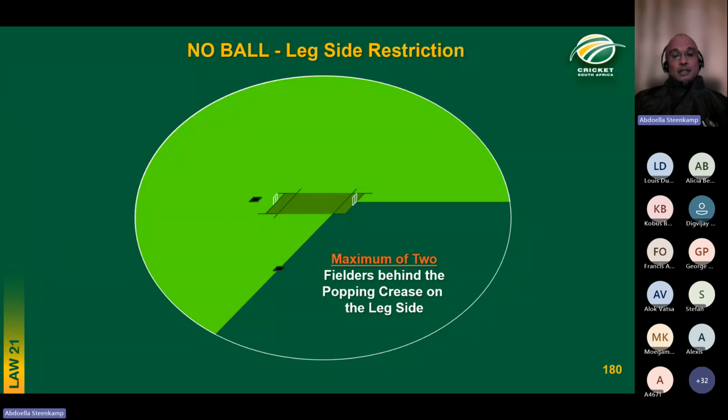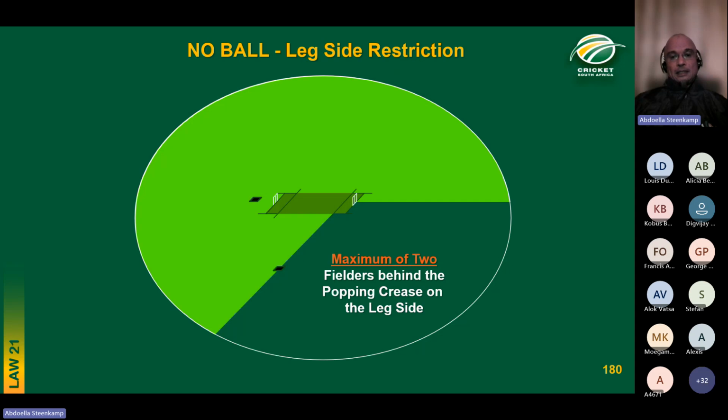According to the laws of cricket, you are allowed a maximum of only 2 fielders behind the popping crease on the leg side. So the dark shaded green area, let's say this is a right-handed batter. On the leg side, you are only allowed a max of 2 behind the popping crease.